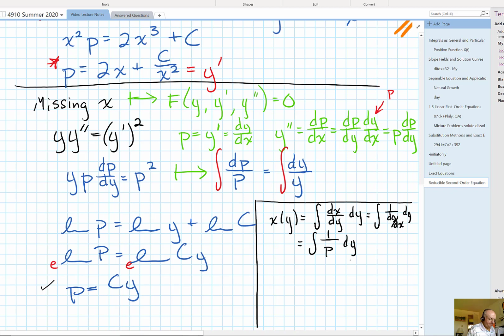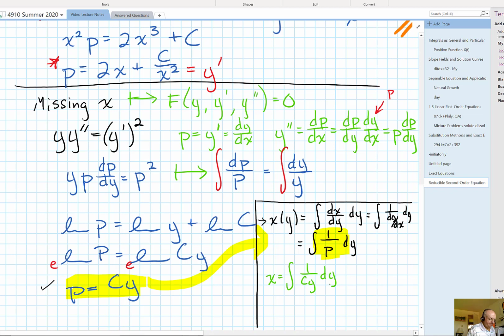In the end, if you want to figure out what x is as a function of y, you need to integrate this. So in this process, once you find what p is, you go to this next step to figure out what x is. We'd say x is going to be the integral of 1 over cy dy.